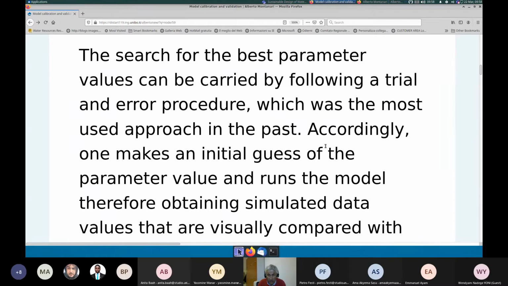When you have numbers, you compare them and see which is the best. If you were able to score your result with a grade between 1 and 10, of course a parameter that gives 10 is better than a parameter that gives 9. So the idea was to look for some quantitative criteria.